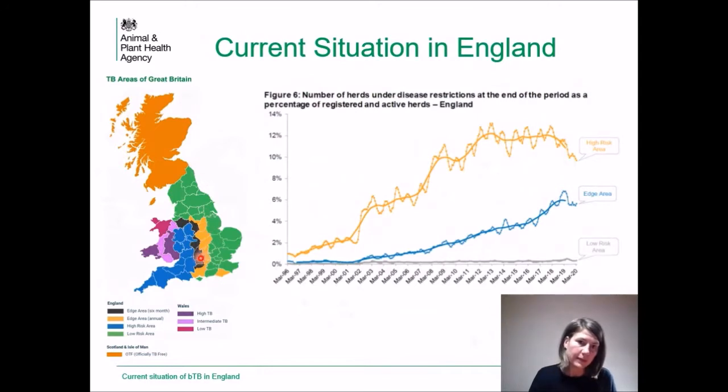Then in yellow and black, there's the so-called edge area. And in blue is the high risk area with the highest prevalence of disease. And a similar classification is in Wales, which you can see in purple here. And in orange up here, there's Scotland, which is officially TB-free.